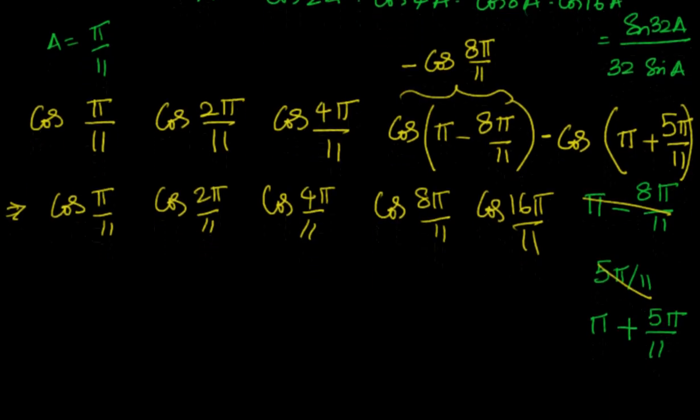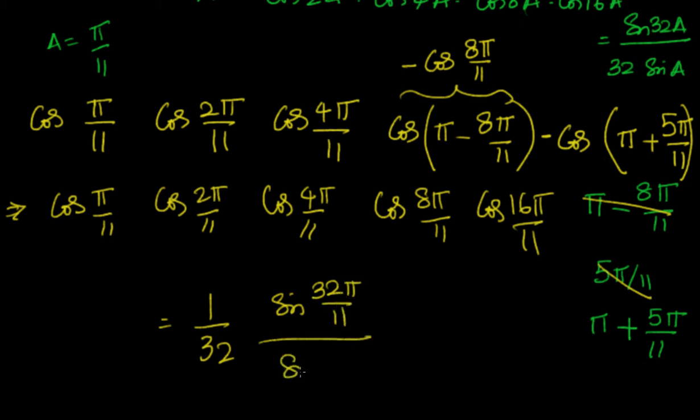Now we know, once this is in this format, the answer is 1 by 32 sine 32 pi by 11 by sine pi by 11. We know these two are equal, so the answer is 1 by 32.